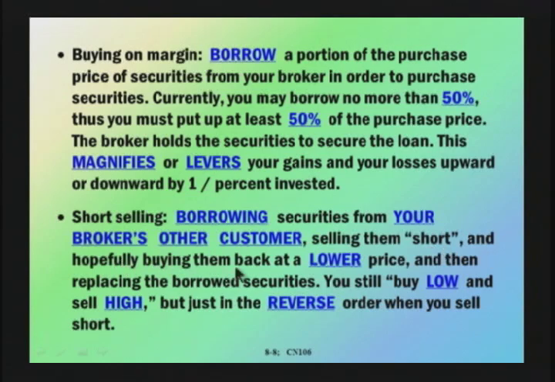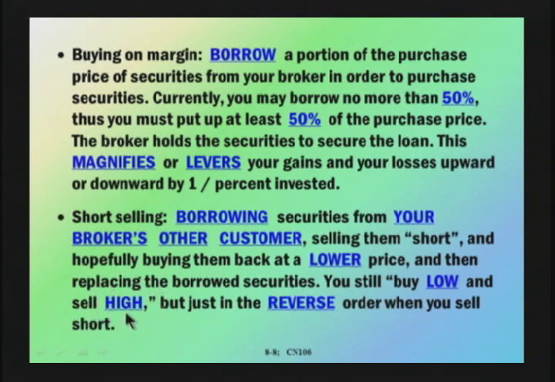You're hoping you can buy those stocks back at a lower price and return them through your broker so that their other customer gets their stock back in their account. So what you were hoping to do is sell the stock when its price was high.